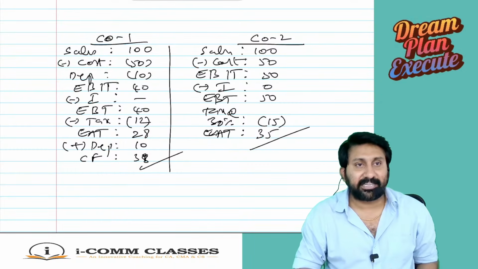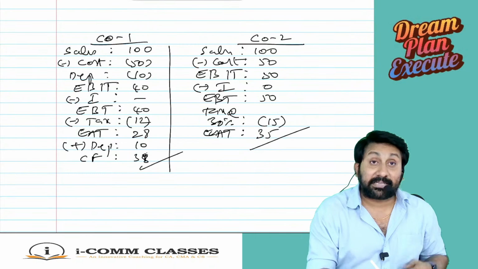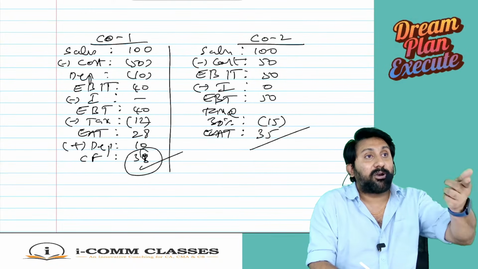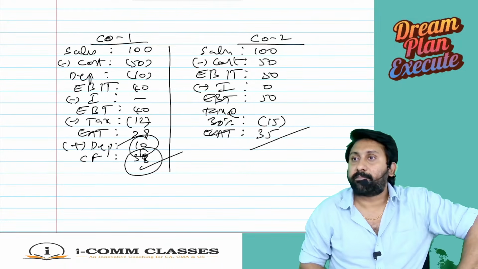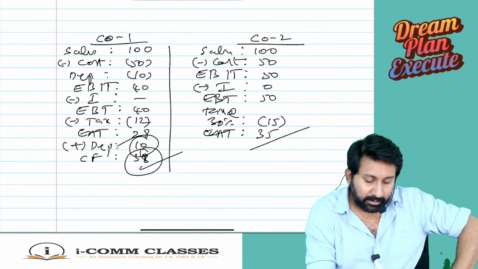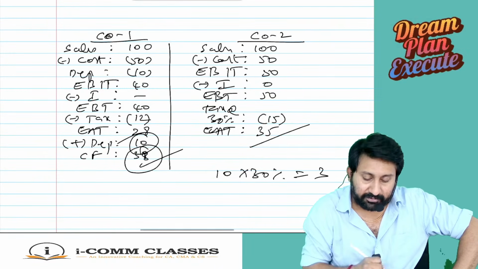If you ignore depreciation completely, the person who took depreciation will get more cash flow, and the person who ignored it will get a lesser value. The reason is this. How much is the depreciation? 10. This 10 has given a 30% tax saving of 3 rupees.